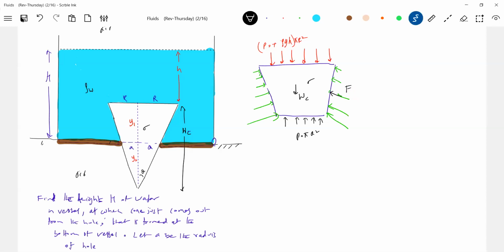The forces along the y-axis, vertically up: P naught pi a square, the force exerted by the liquid, its component along the y-axis, minus the weight of the cone, minus P naught plus rho g H into pi r square, equal to 0, all together in equilibrium.